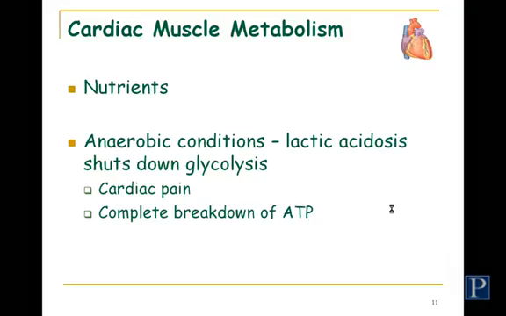And here's what can happen. If someone's blood flow is insufficient in the heart and they're all of a sudden having to work anaerobically and they're not able to open up those vessels to get the metabolic byproducts, so that lactic acid, away, the complete breakdown of ATP to adenosine, you're like, well, that's a potent vasodilator, but they still can't get enough oxygen to those tissues because there's some sort of blockage within the blood vessel.